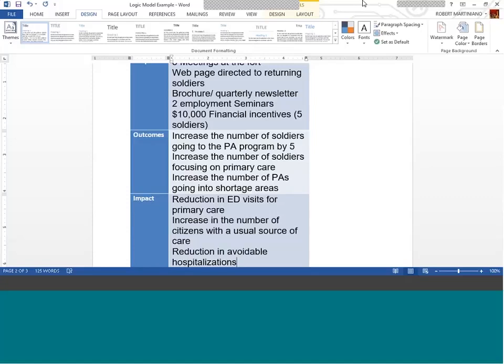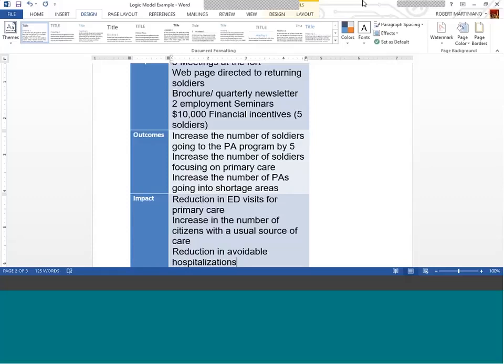I was kind of hoping to get to a second example, but I don't want to keep you from your work, as well as us here from our work. Are there any questions? And again, we'll put this logic model example online too, as well as the proposal, so you can see where I'm going.